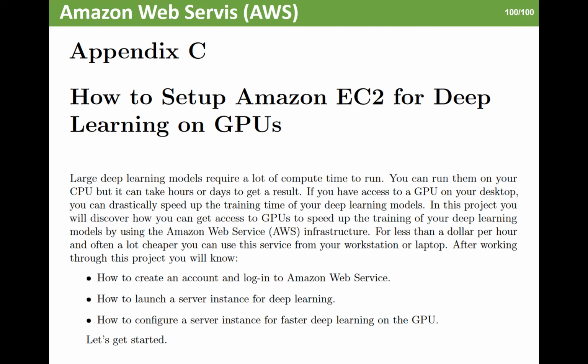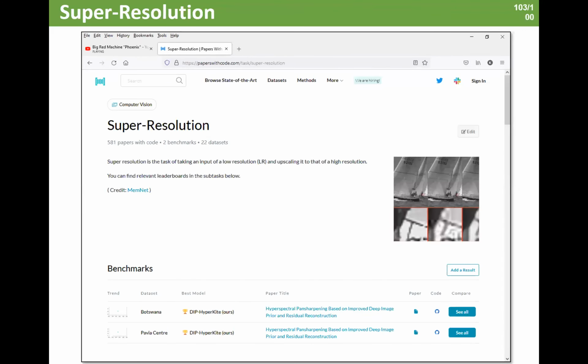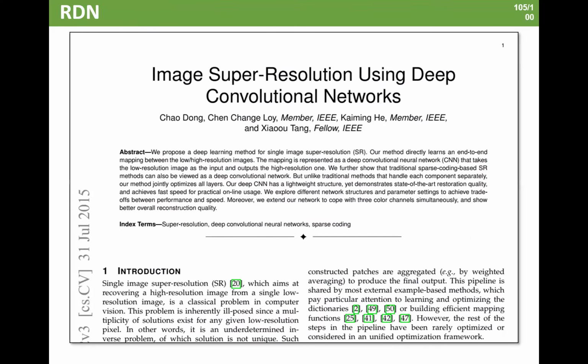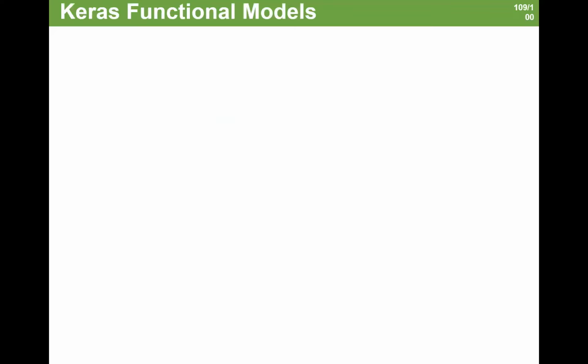One option is Amazon, and if you have some budget from your lab, then maybe you can subscribe. This I talked about last time. This was Papers with Code, which we talked about yesterday.